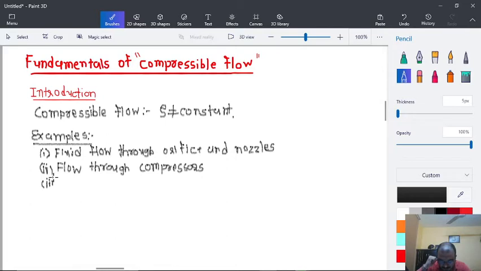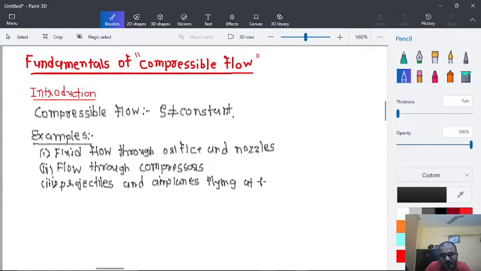Third is projectiles and airplanes flying at high altitude with high velocity.